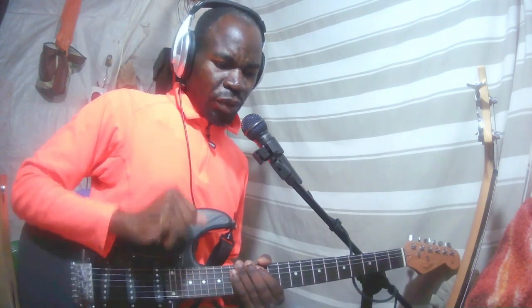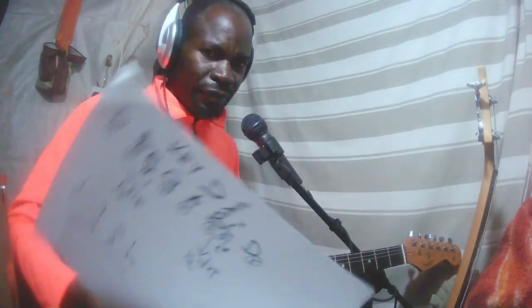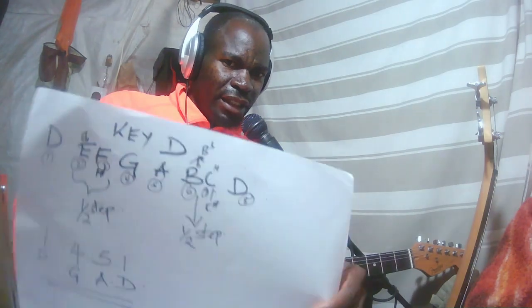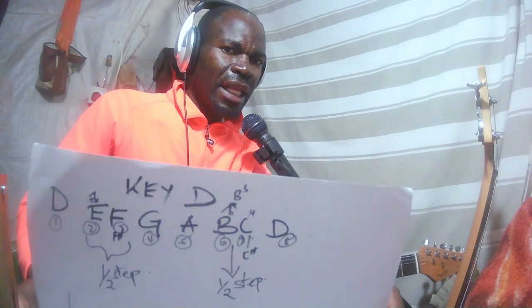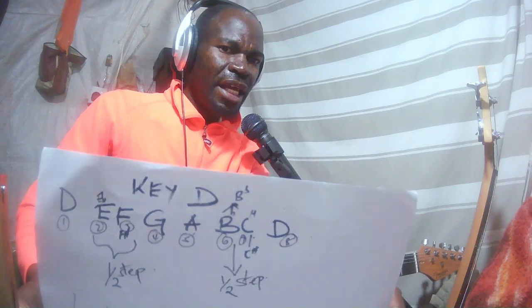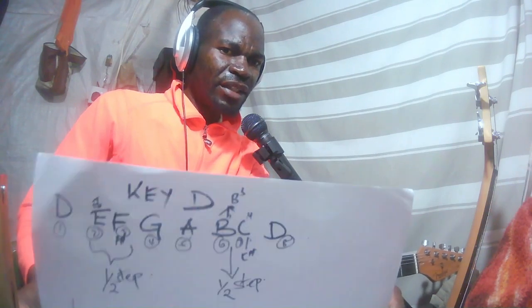Now, let's look at this chart here. I have arranged the key of D, and you see that I have placed the B, C next to each other, and E, F next to each other.